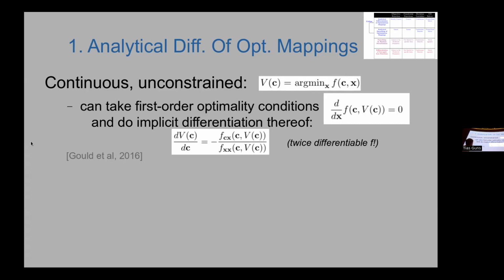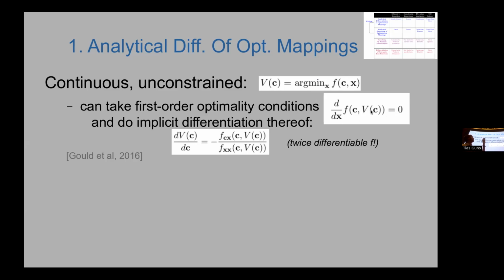However, the nice trick, and this was identified already in 2016 by Gould et al., is that we can actually define an implicit mapping. Namely, we can take the optimality condition. The first order optimality condition says that the first order derivative of an optimal solution has to be 0. Okay? So now we have this implicit mapping.